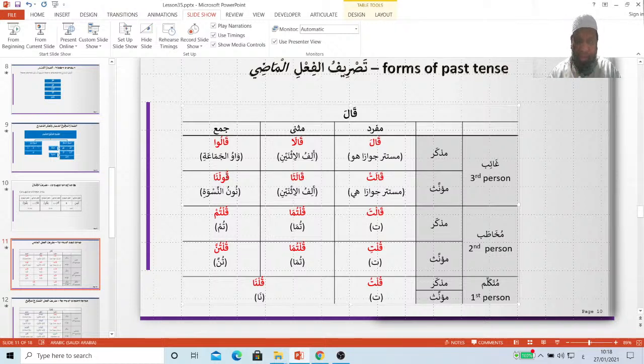When in fi'l اجتماع ساكنين occurs, the harf illat drops. So we drop the harf illat. It becomes قلنا. Sorry, it should be nun niswa. قلنا, قلنا.